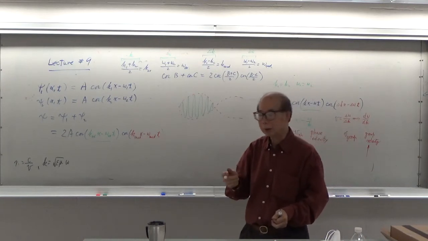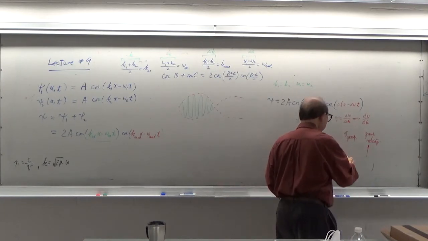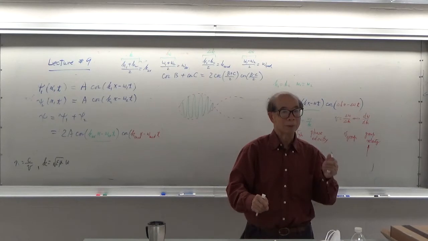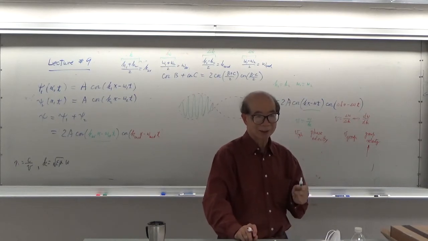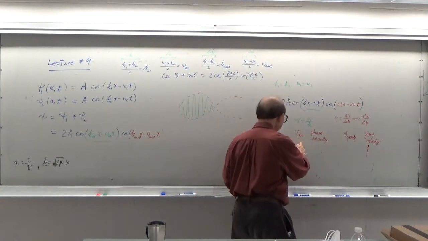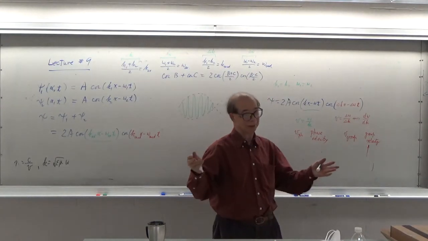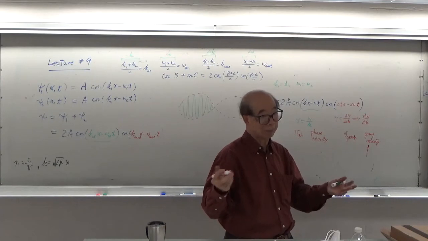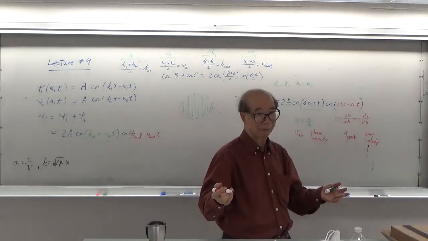Namely that, we want the group velocity to not exceed the speed of light in vacuum c. Whereas this phase velocity, it's just a phase velocity, it can be greater than the speed of light.